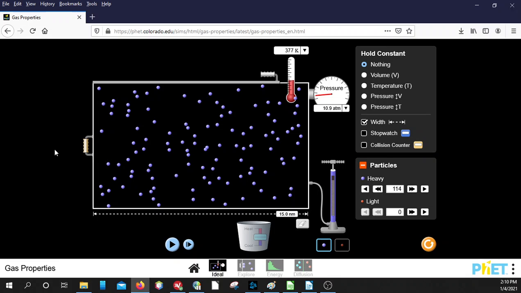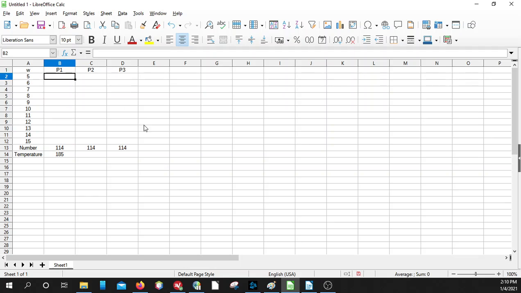Okay, so I've got all the data for 2 trials. So I'm going to bring up the spreadsheet and just fill in these numbers. I'm also going to put this new temperature in.